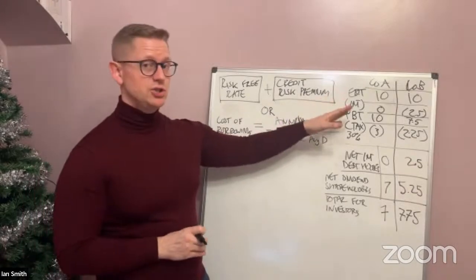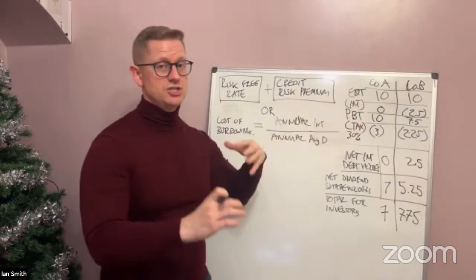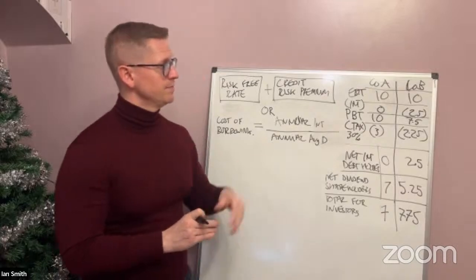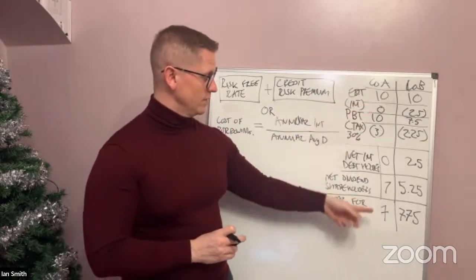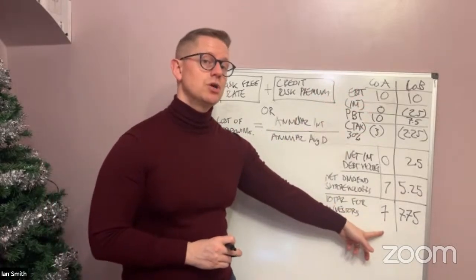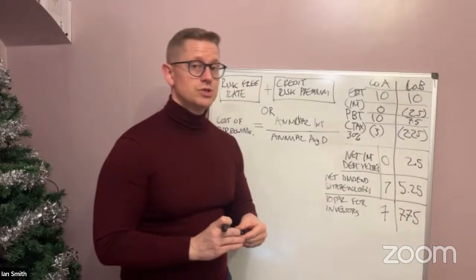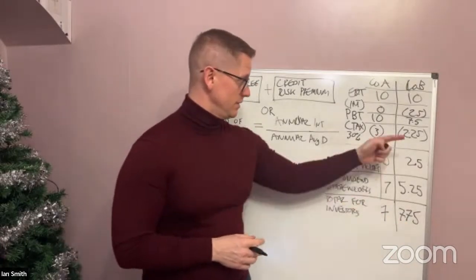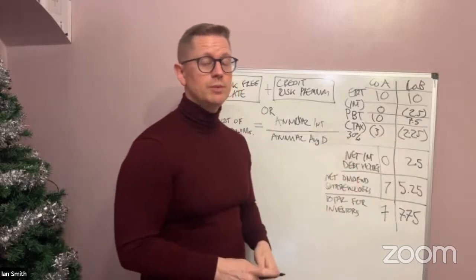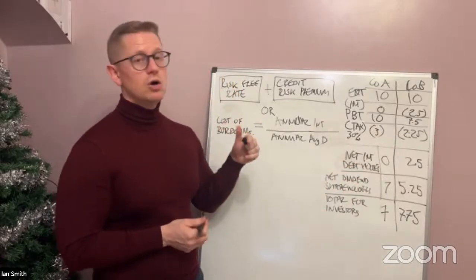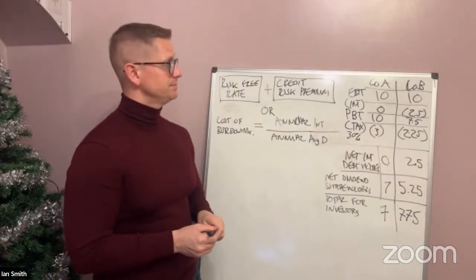Now, if company A chose to leverage, so these are the strategic decisions I was talking to you about, then their total for investors would go up. If company B was to leverage higher, then their taxable income would be lower as well because they'd be paying more interest on that debt.